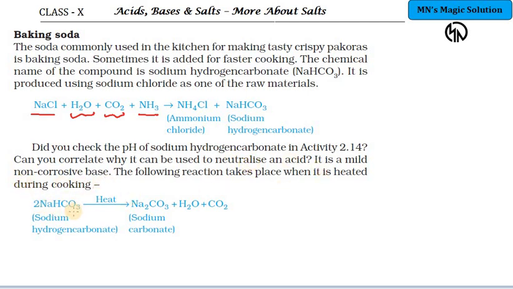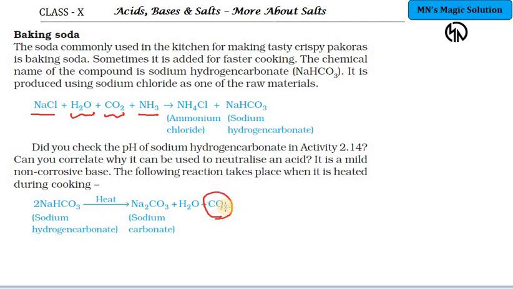This sodium hydrogen carbonate, when it is heated, gives you Na2CO3 plus H2O plus CO2. So when this sodium hydrogen carbonate gets heated, it gives you sodium carbonate, water and carbon dioxide. Sodium hydrogen carbonate, which is otherwise called baking soda, when it is used in cooking and heated, releases carbon dioxide gas.